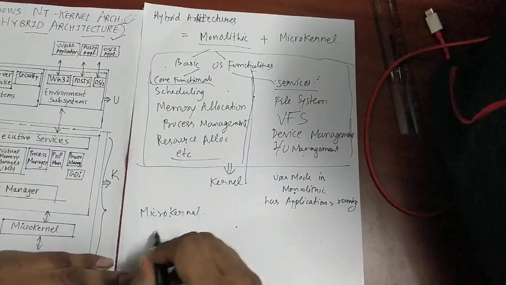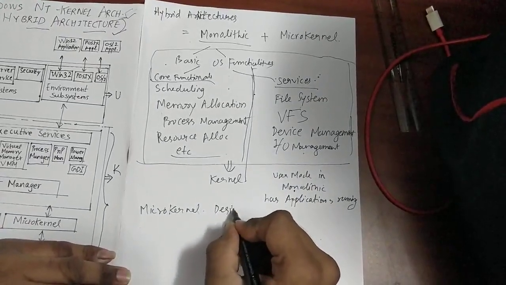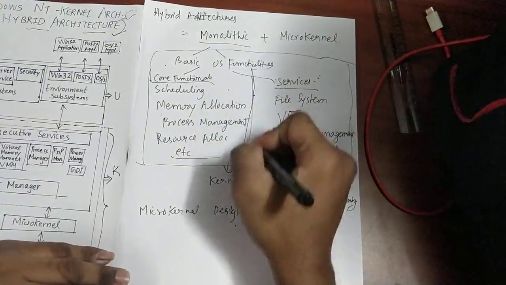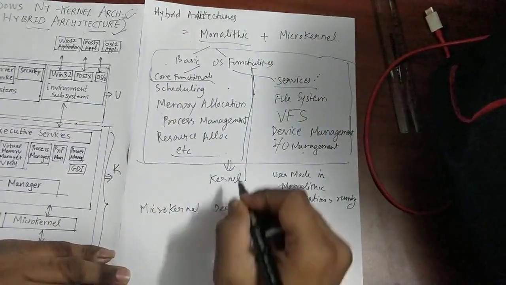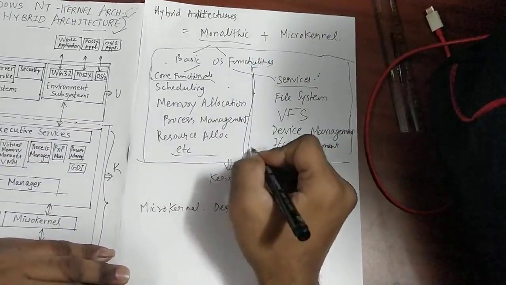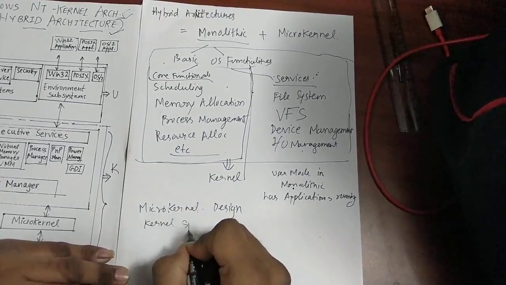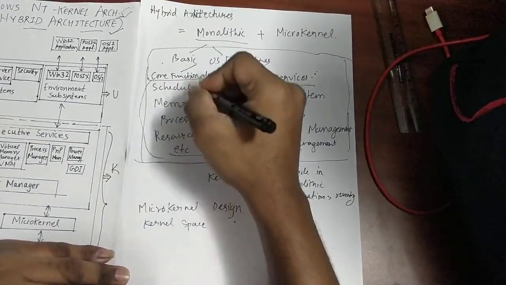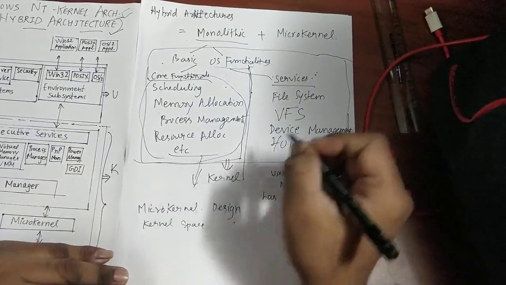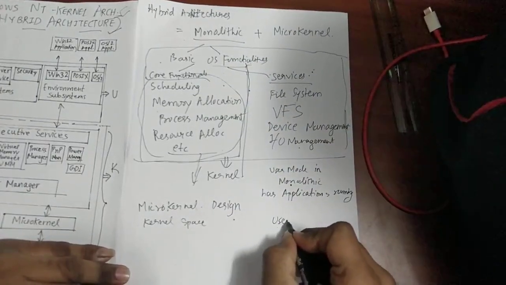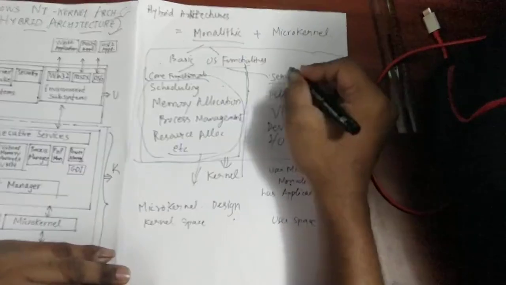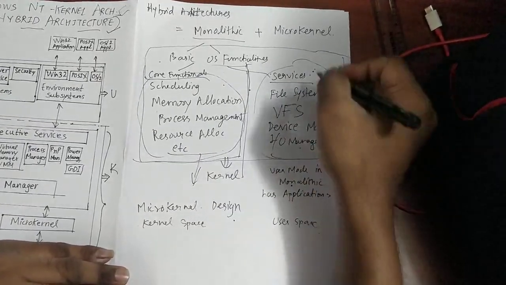So microkernel design proposes minimal use of core functionalities, in which kernel space has only the core functionalities. Rather, user space has all these services. Why are we calling them services?